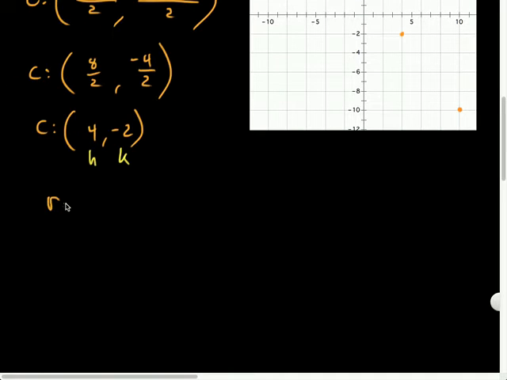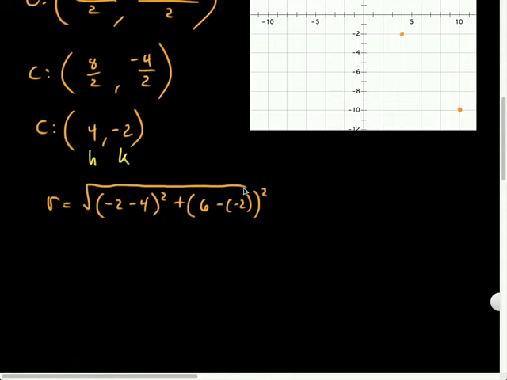So my radius is going to equal the square root of, let's see, x2 is, I'll call it -2 minus 4 squared, plus y2 was the 6 minus the -2. You don't have to set it up this way. You could have called this point 2 and that other one point 1, doesn't matter.